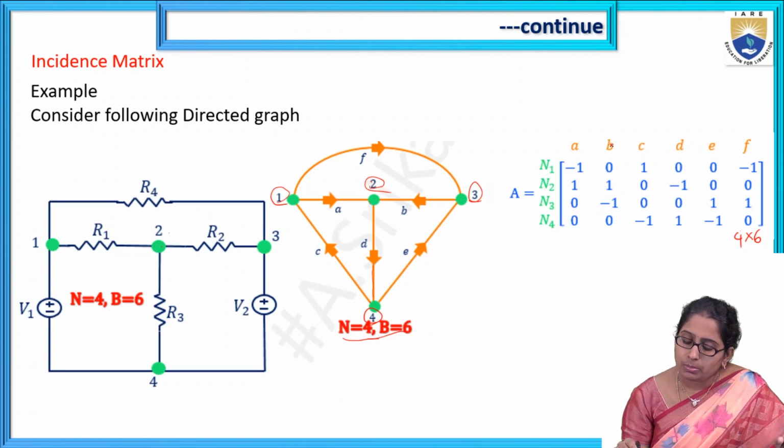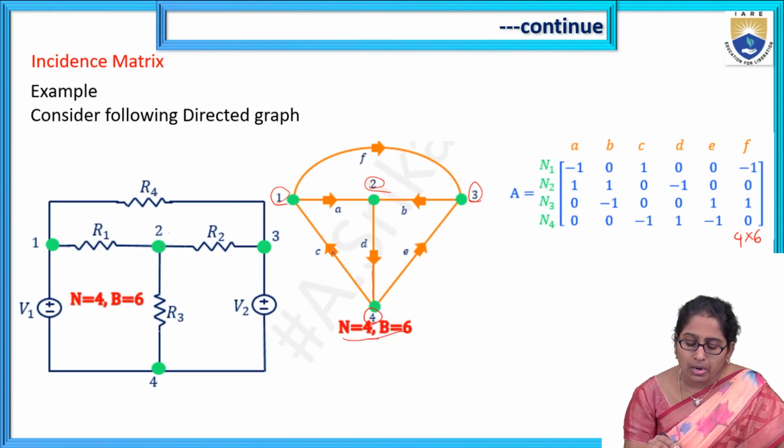Next, consider branch current B. It is connected between nodes 2 and 3. It is leaving from node 3, so at node 3 its value will be -1, and it is entering towards node 2, so at node 2 its value will be +1. The remaining two values will be zeros.